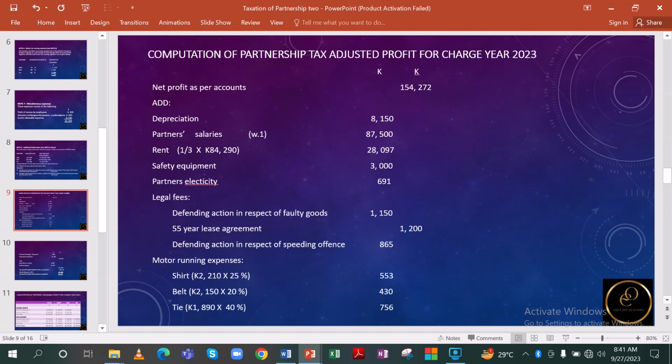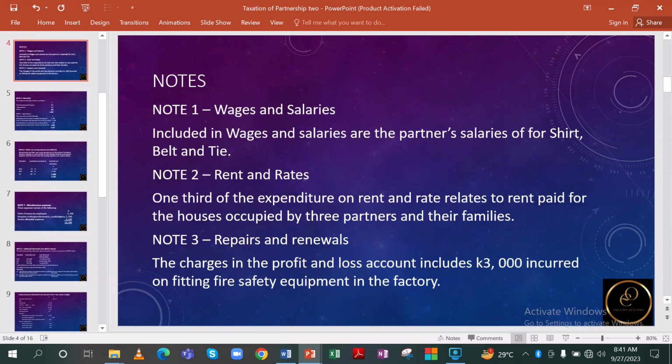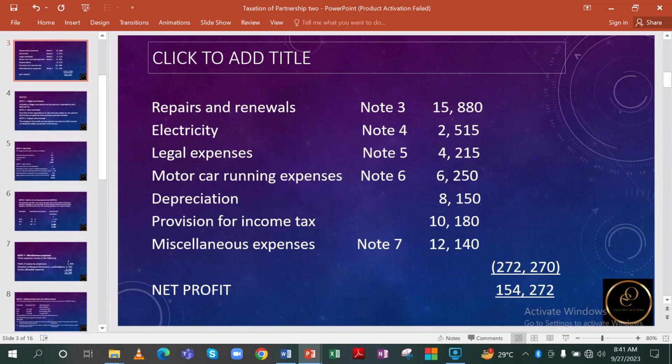8,150 added back. What is the next item to be looked at? We go back to the income statement and find provision for income tax, 10,180.